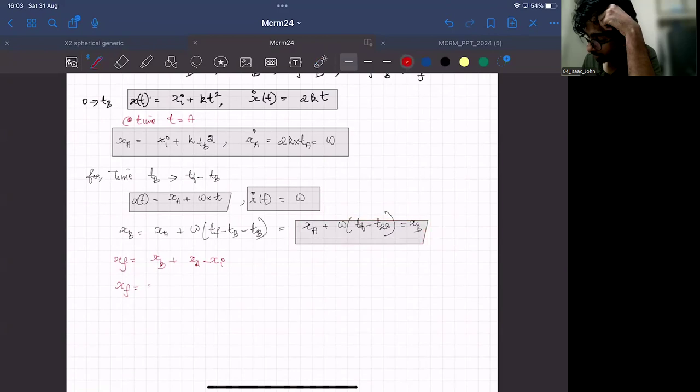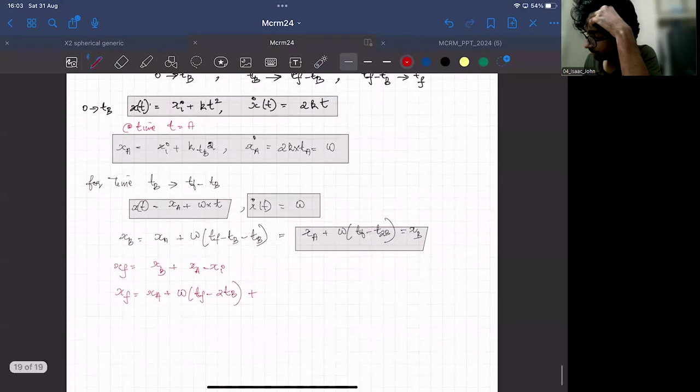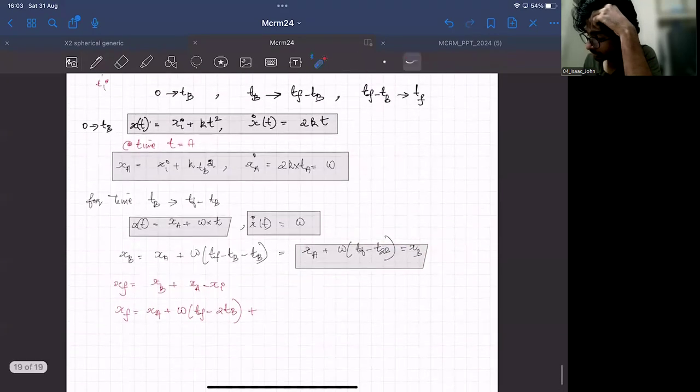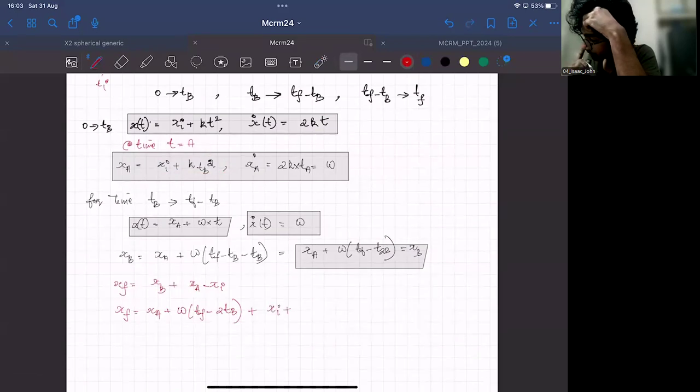That is nothing but xa plus omega multiplied by tf minus 2tb, then plus xa, I can probably write it from our previous equation, xi plus, or I'll just carry forward that xa for the time being, xa minus xi.